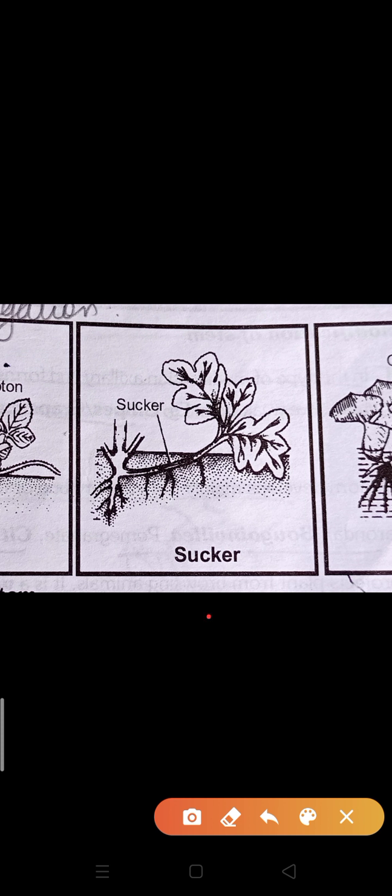You can see that the main stem grows in the soil and branches come out from it. Okay, the examples of suckers are mint and pineapple.